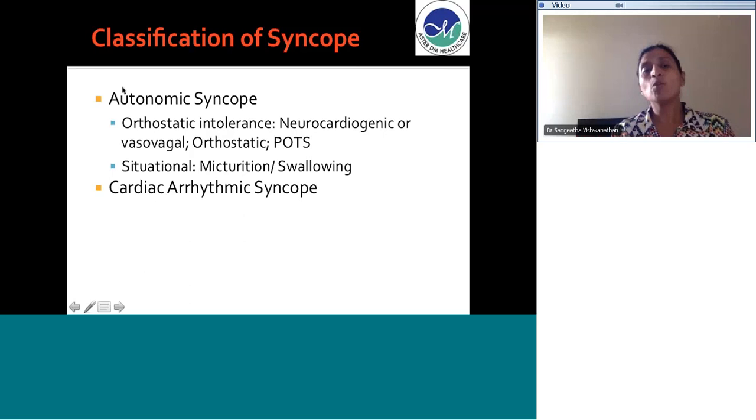So these are the more benign syncopes, right? Orthostatic intolerance and situational. Neurocardiogenic or vasovagal is a typical syncopal episode that we see in our teenagers and adolescents, and this is because vasomotor tone is not maintained.